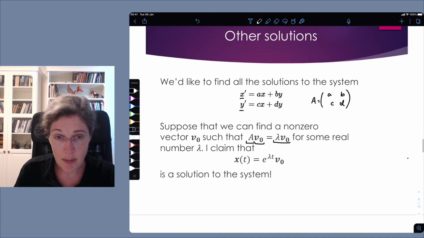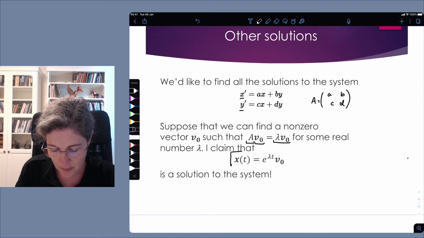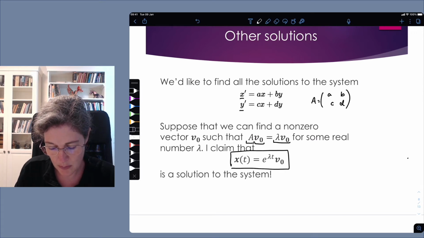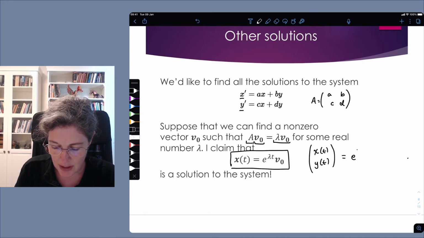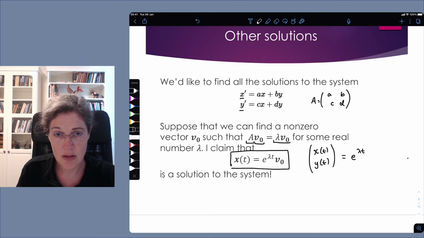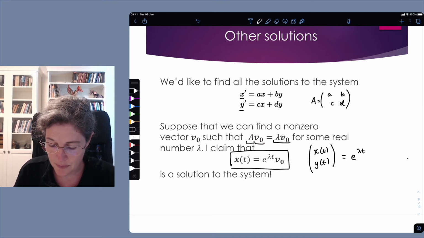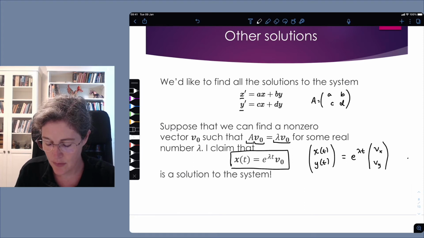Well, I claim that if we have that eigenvector and that eigenvalue, then this thing here is a solution to the system. If I write it out as a vector in components, it says e to the lambda t, so that's going to give me a time component, times v x and v y, the x and y coordinate parts of the eigenvector.